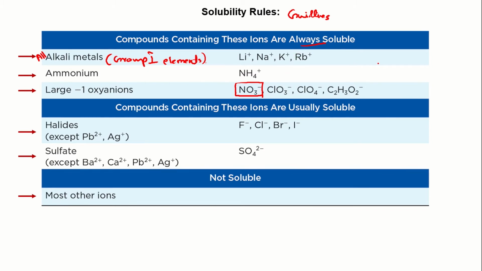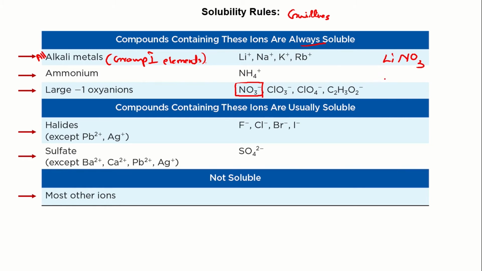So, for example, if you find a substance like lithium nitrate, now you can say lithium nitrate is water soluble. Why? Lithium is group 1. If something is group 1, it is always water soluble. Nitrate, according to these guidelines, is always water soluble, so it is going to be soluble.